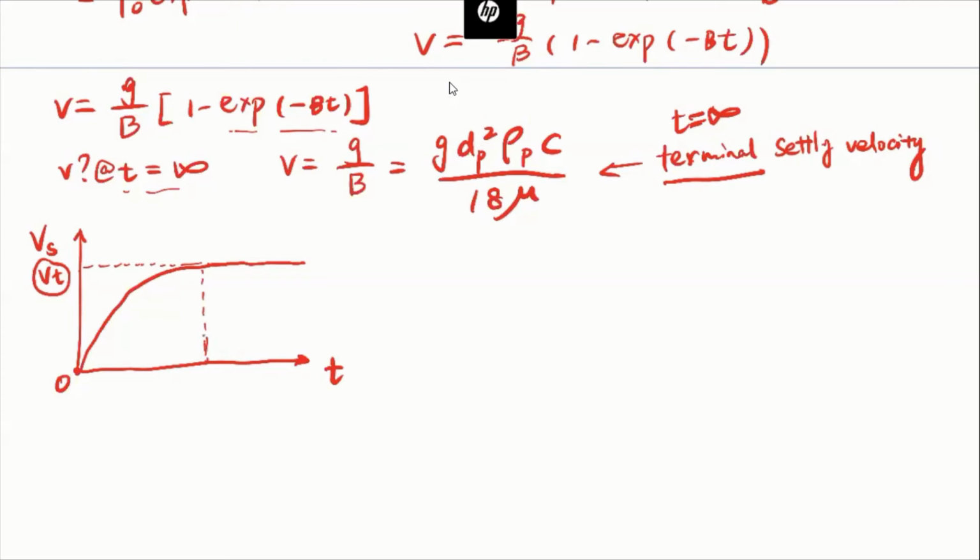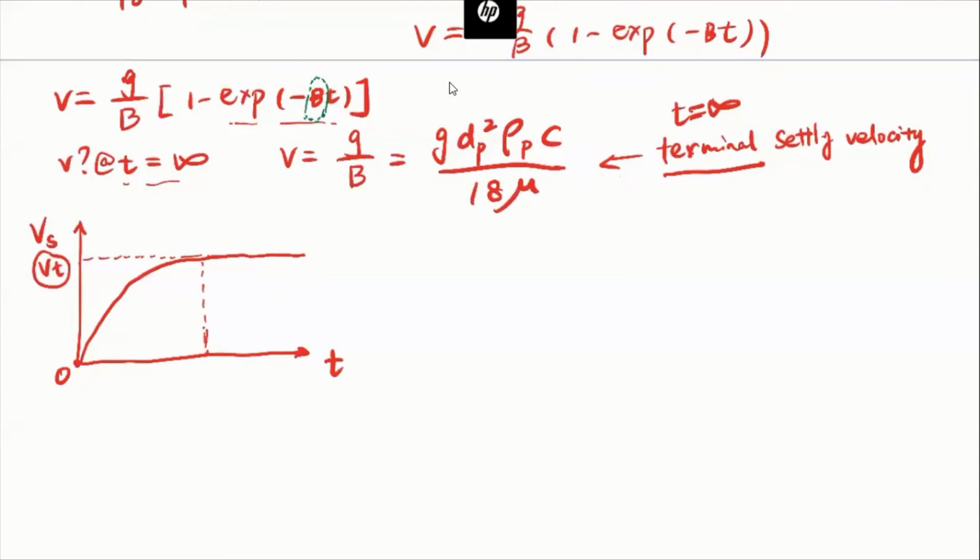So this time here is basically going to be dependent on this exponential term here. So if you look at this term here, okay, what we can do is another substitution. Let's assume that tau is equal to 1 over b.